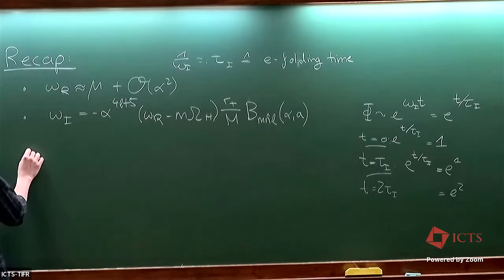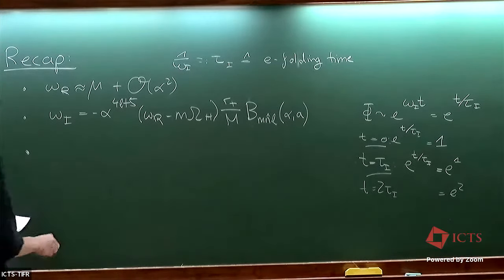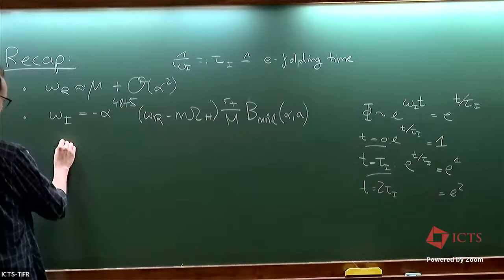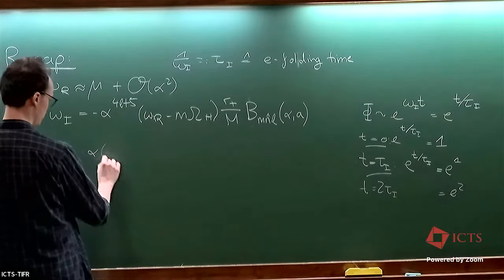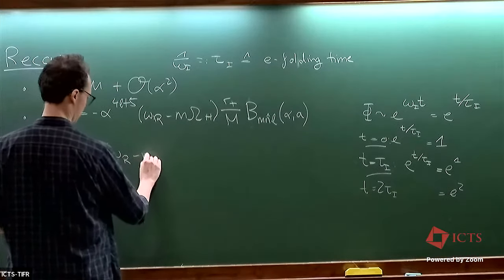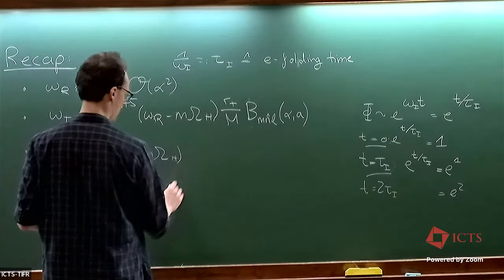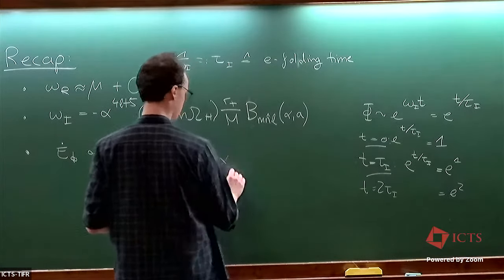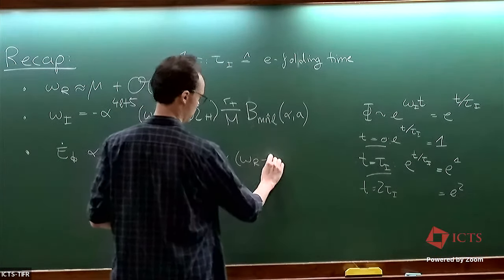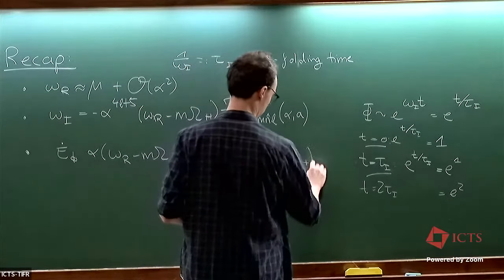Okay, another important thing we learned was that the energy flux of the scalar field across the horizon is proportional to this combination. And similarly, the angular momentum flux of the scalar field is proportional to this combination. Okay?